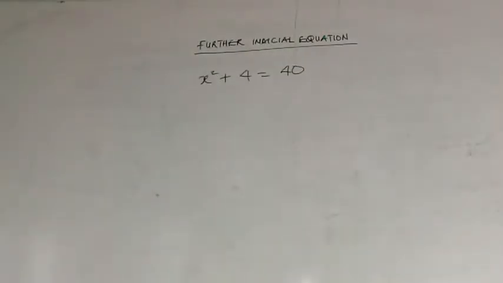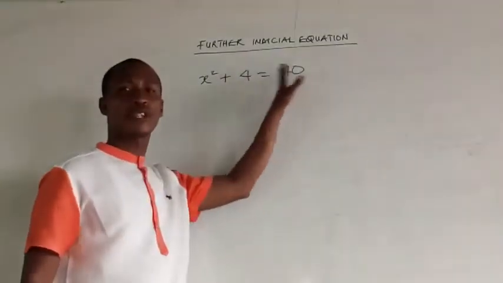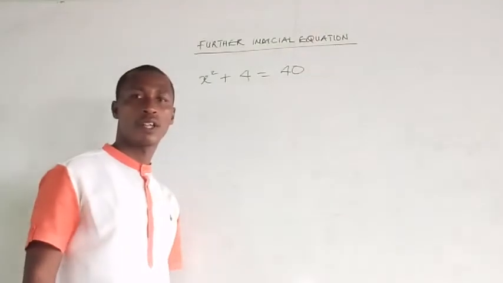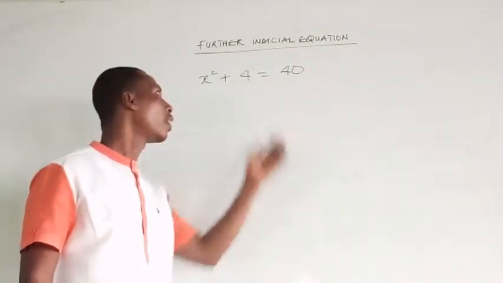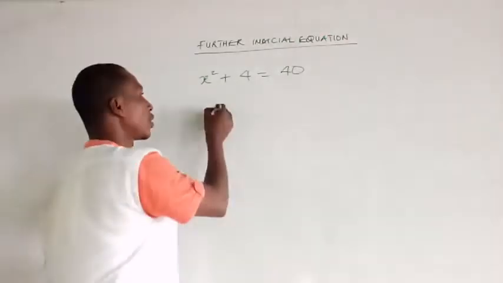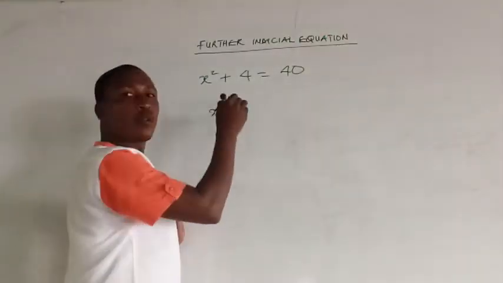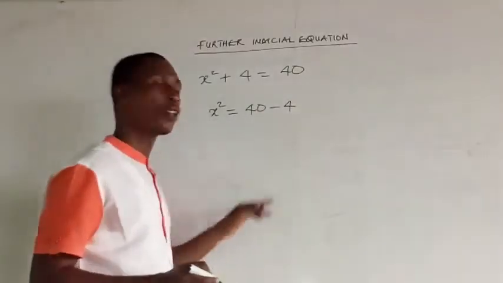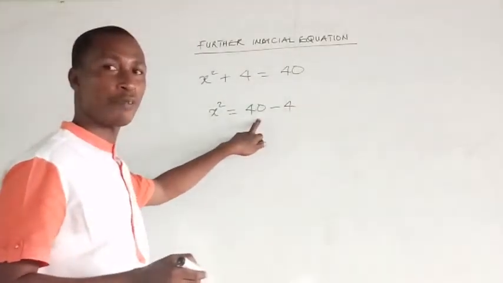So we have x squared plus 4 equals 40. X squared plus 4 equals 40, like we did earlier. Let the 4 cross the equal sign first. So when the 4 crosses, we're going to get x squared equals 40 minus 4. If I take 4 from 40, I'll be left with 36.